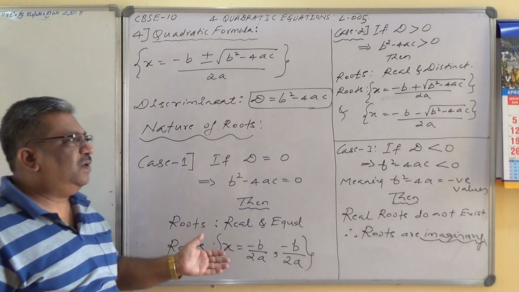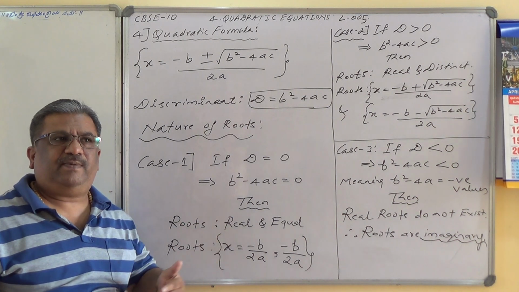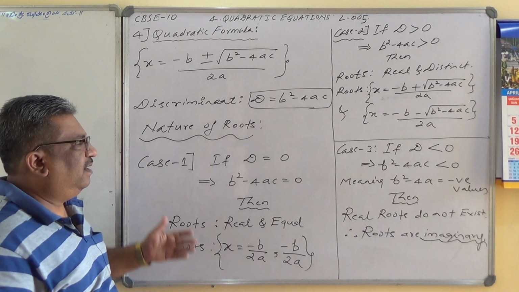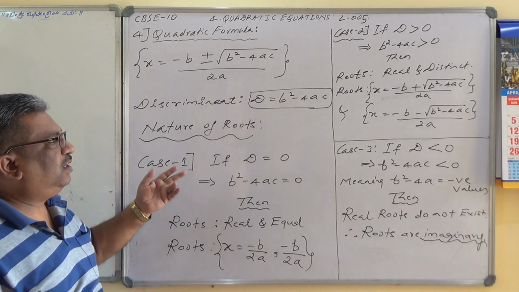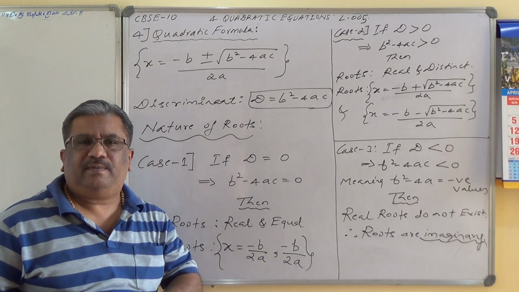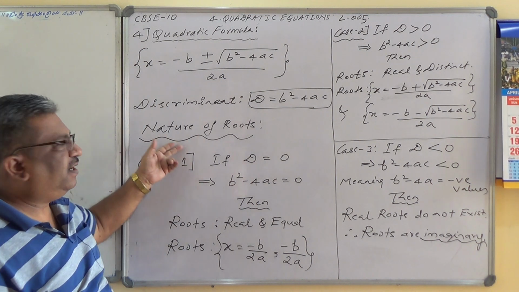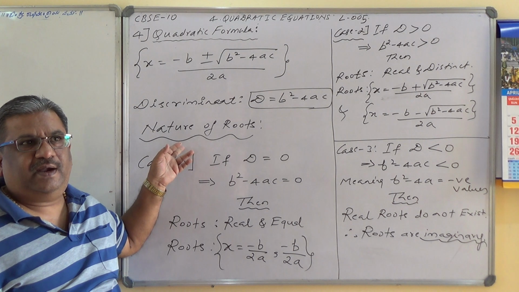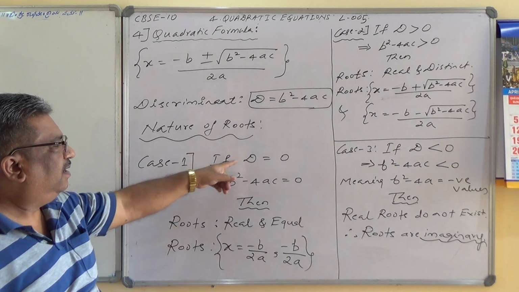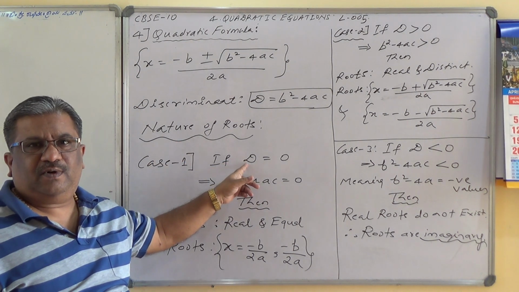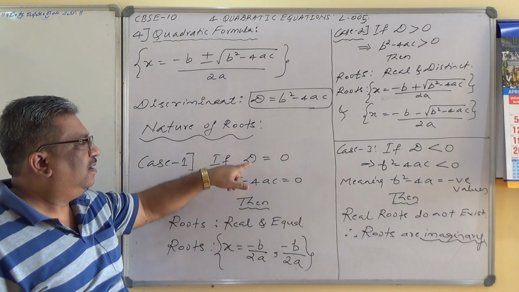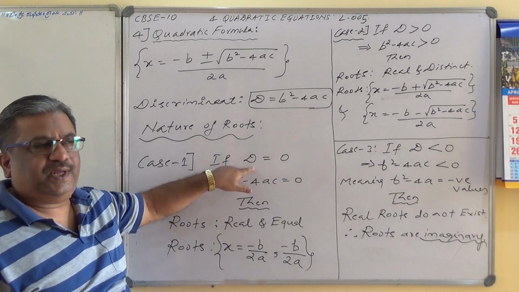So conceptually I have covered everything now. Straight away I will take up the numericals and see 2 numericals where before solving we check the nature of roots first, and if I obtain d greater than 0 or greater than or equal to 0, then only I will solve it.